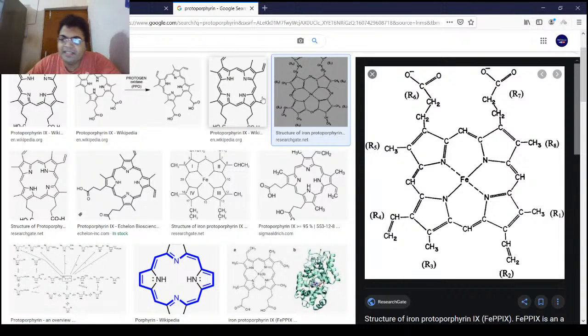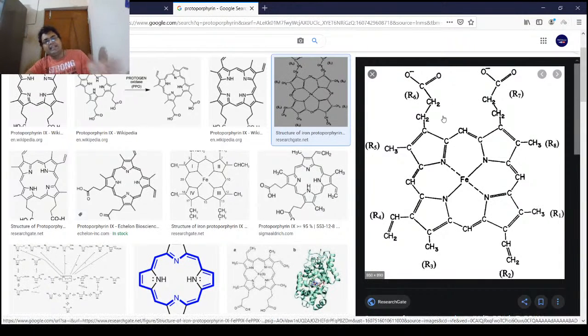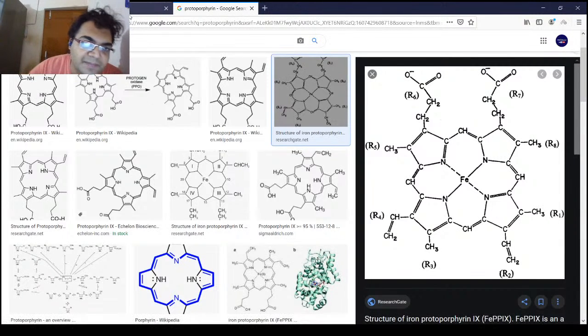In cytochrome B, it is the same heme ring, the protoporphyrin ring, but in cytochromes C and A you have heme C and heme A rings, which are a little bit different compared to this ring.